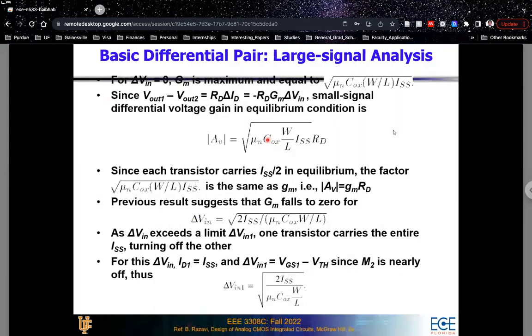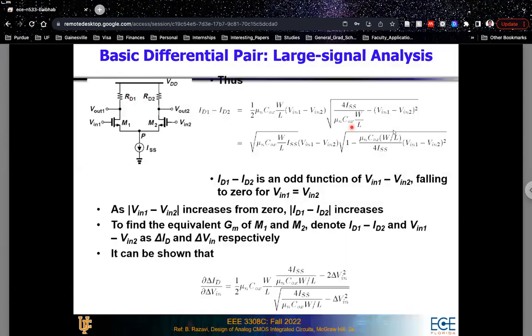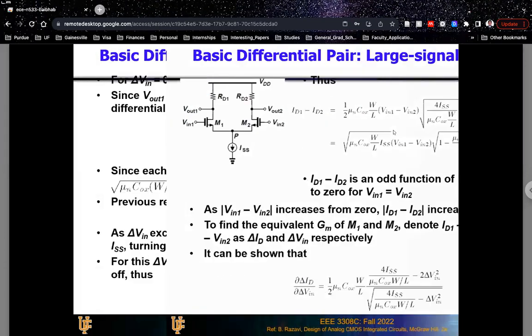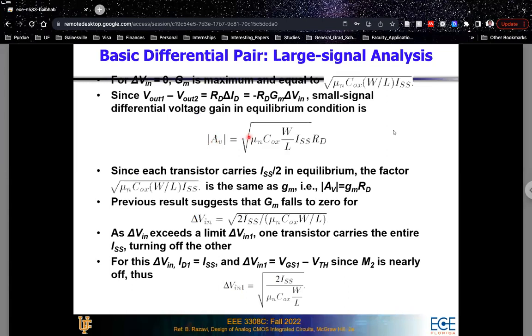And if that is the case, your AV, the voltage gain, will become, so you probably can do this little exercise as homework, that from this particular equation over here, just put V1 minus V2 equal to 0, and then see what would be the overall voltage gain. And in that case, your voltage gain will become square root of K times ISS times RD.